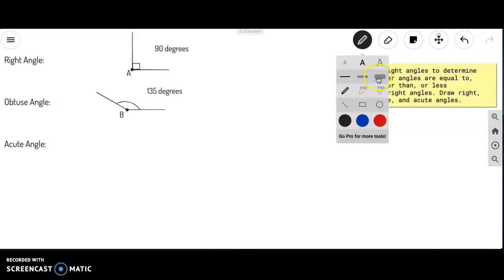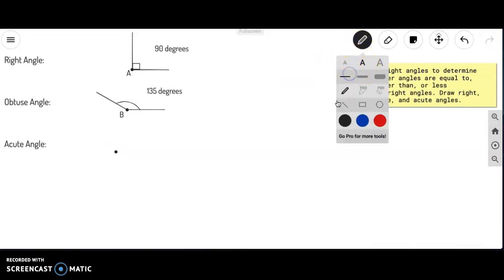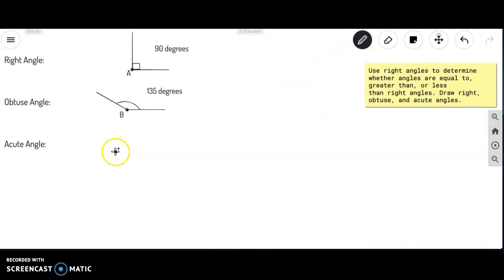And now I'm going to draw an acute angle. I'm going to put my point in first, and then draw my lines. Again, I'm going to start with this bottom straight line here, and then draw a smaller one to match it.